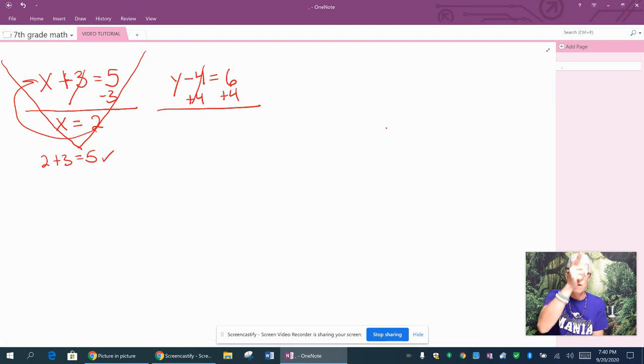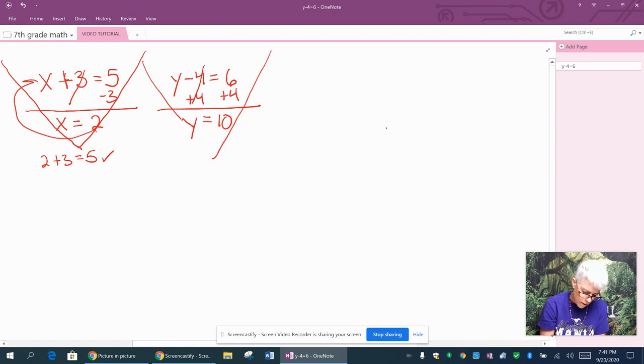So we're going to keep everything going down and getting smaller and smaller. The 4's cancel each other out. The y comes down. The equal sign comes down. 6 plus 4 is 10. There's my inverted pyramid. I can take that 10, put it back into the equation to check whether it's correct, and it is.